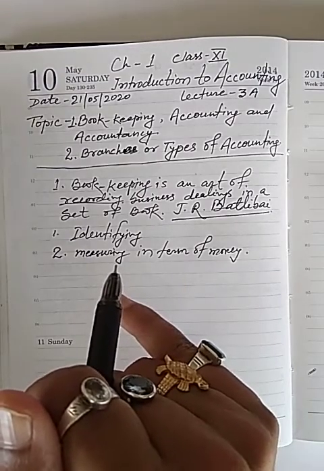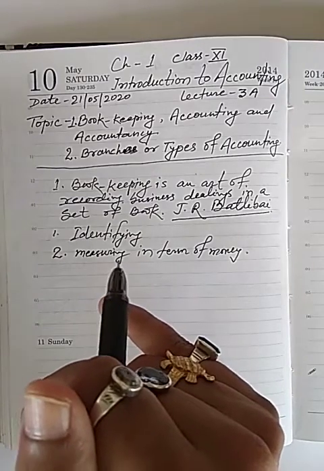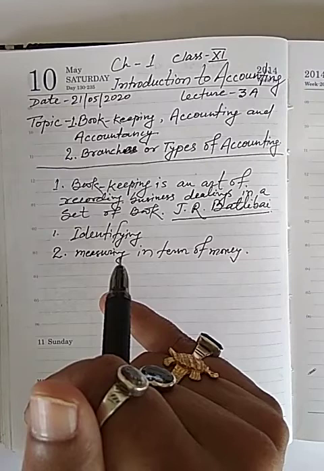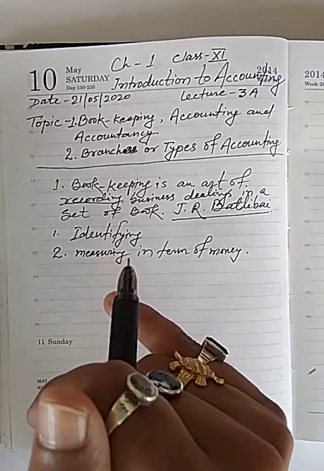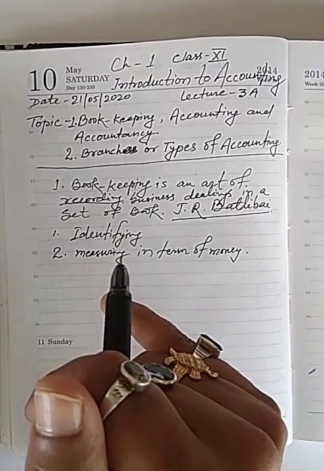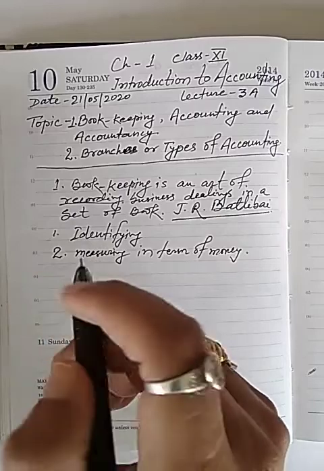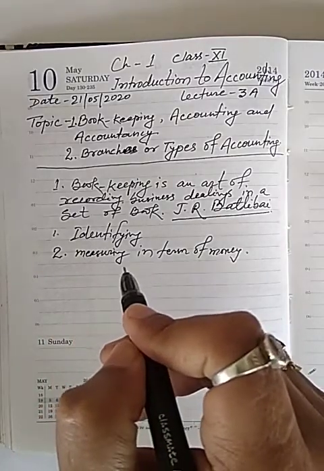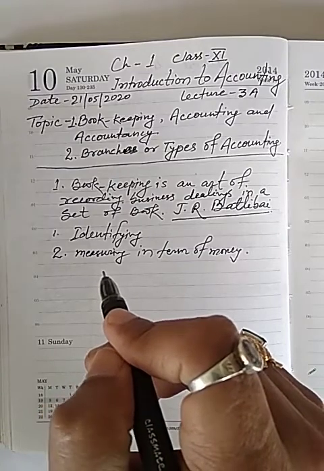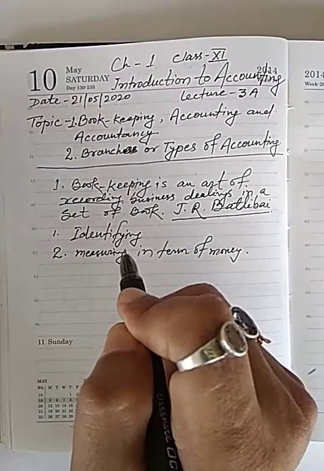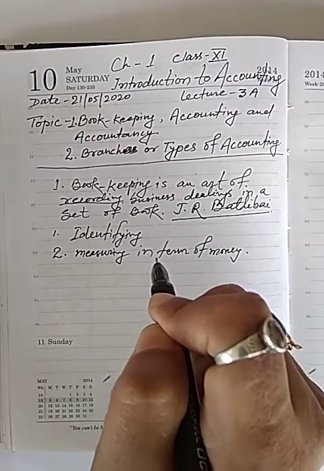For example, suppose I say I have 200 chairs only, then it will not be recorded in the books. But if I say I have chairs worth rupees 2000, it will be recorded in the books.